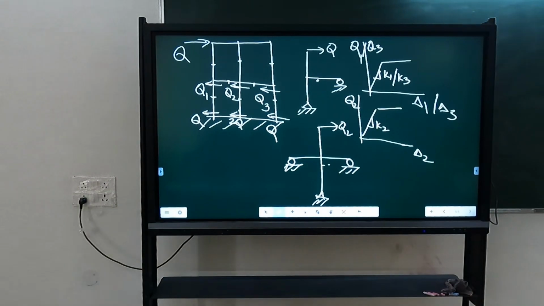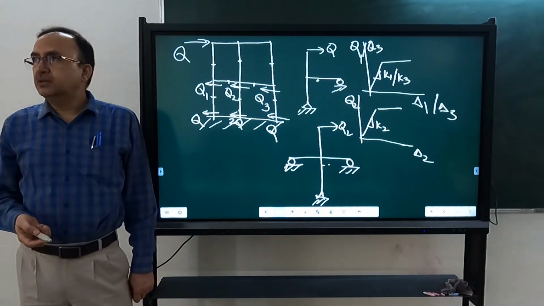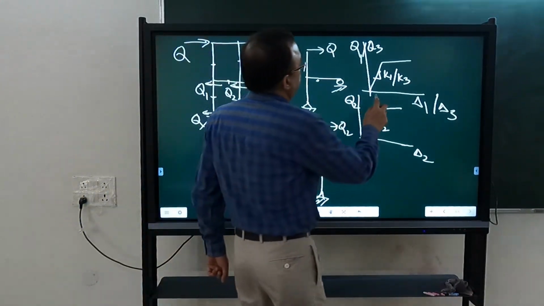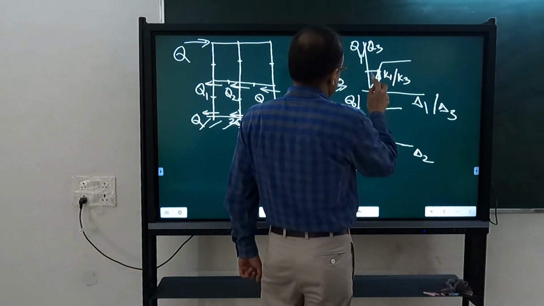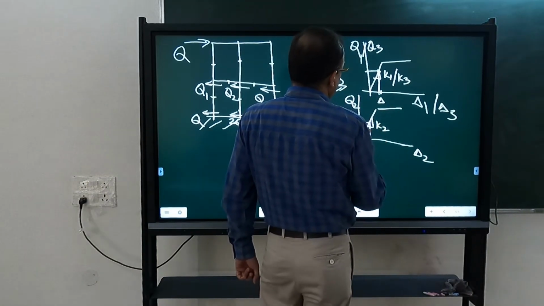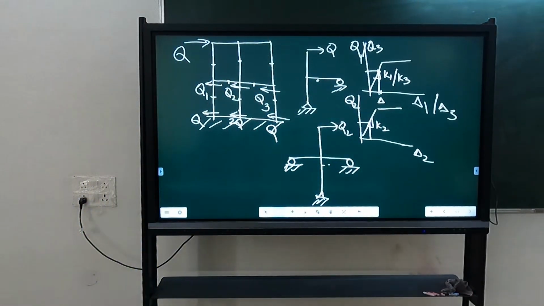And when we have done parallel combination, actually that's what we have done. In parallel combination, what we were doing? We were taking any value of delta here, we were calculating Q1. Any value of delta here, we were taking this and we were adding. So what we are doing?